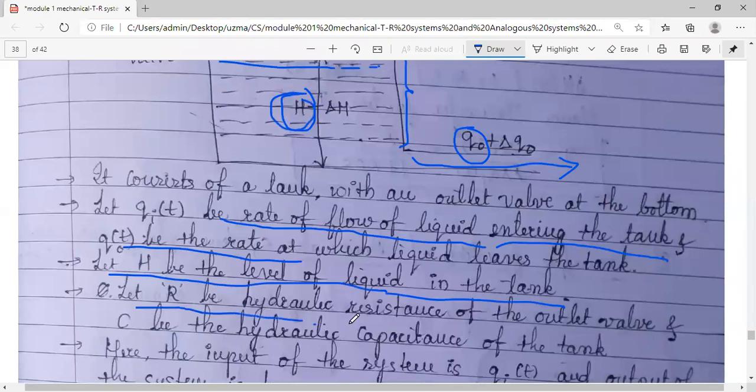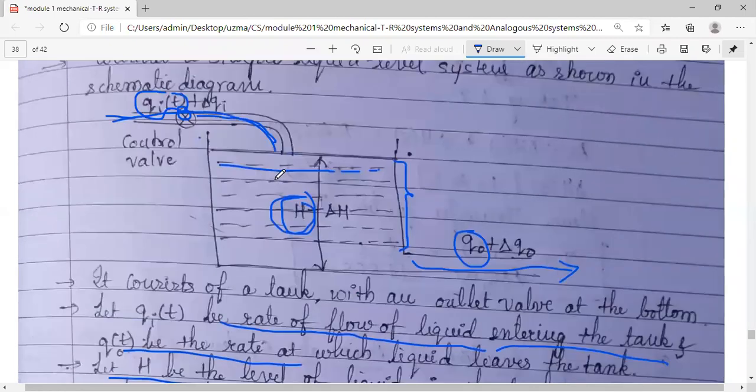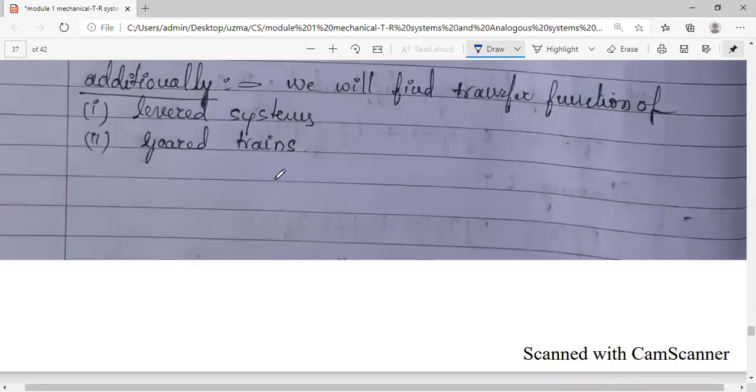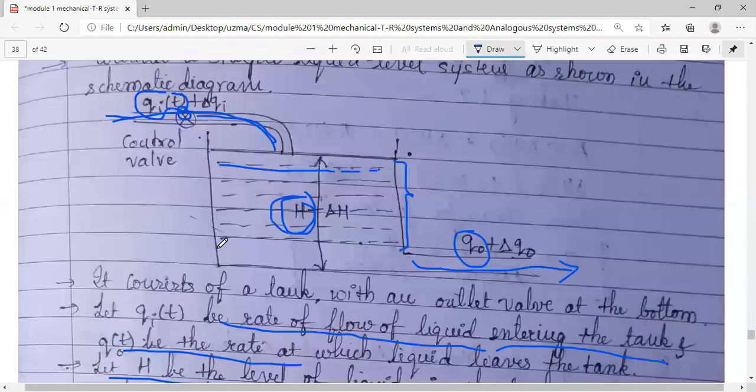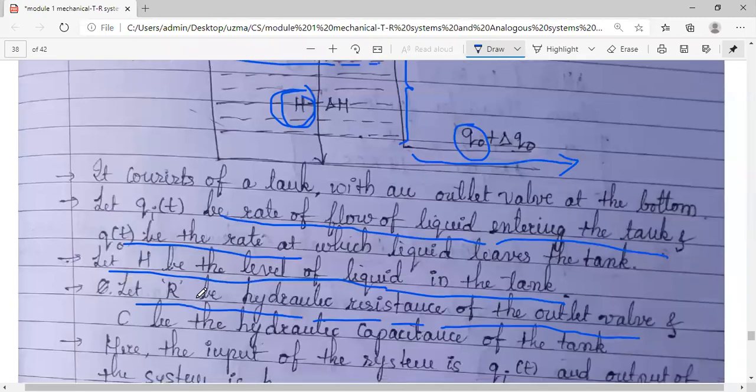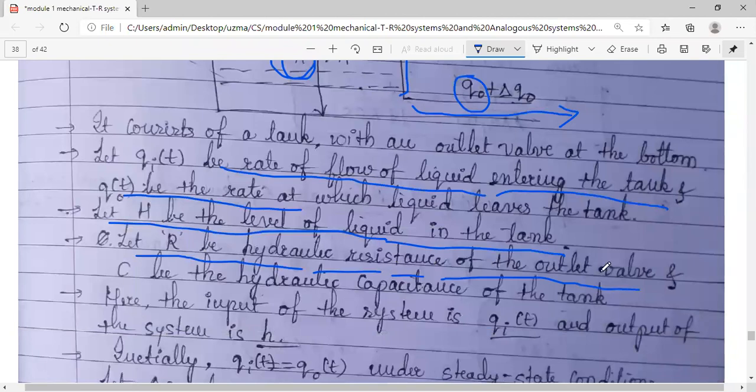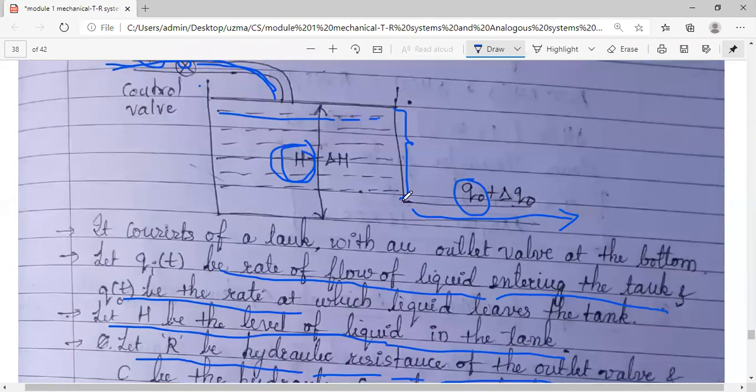Let R be the hydraulic resistance of the outlet valve. Here the outlet is a property of that particular valve.